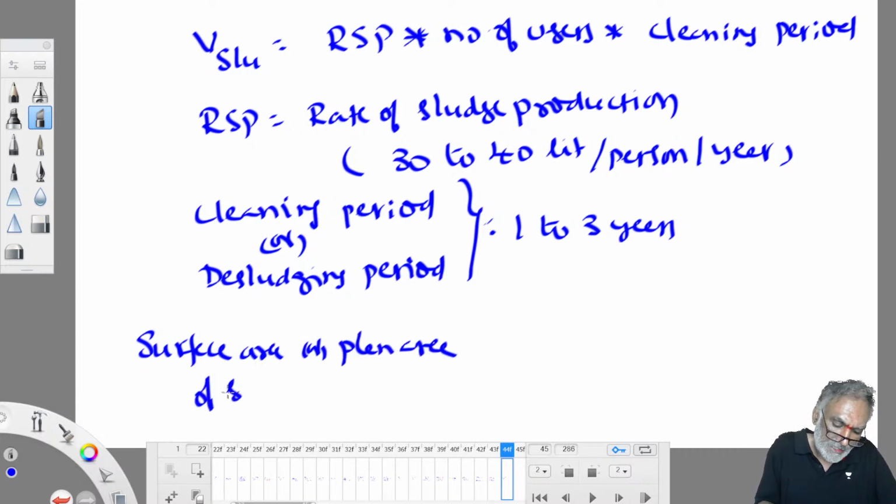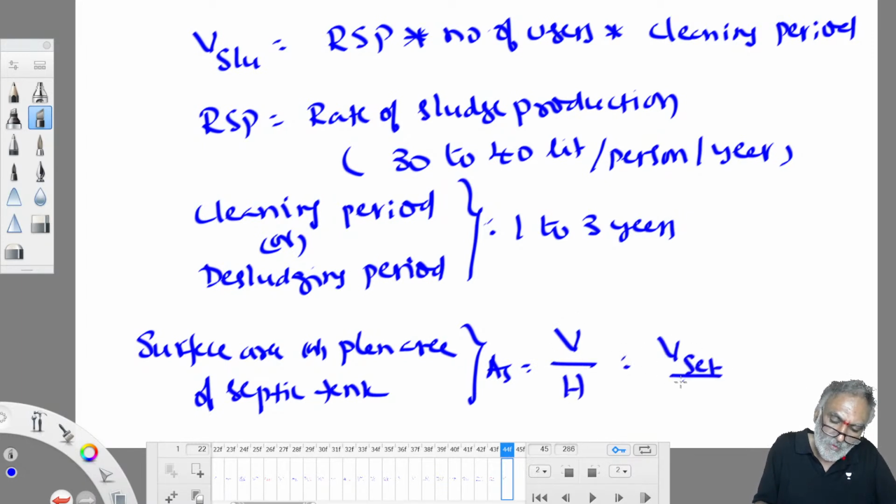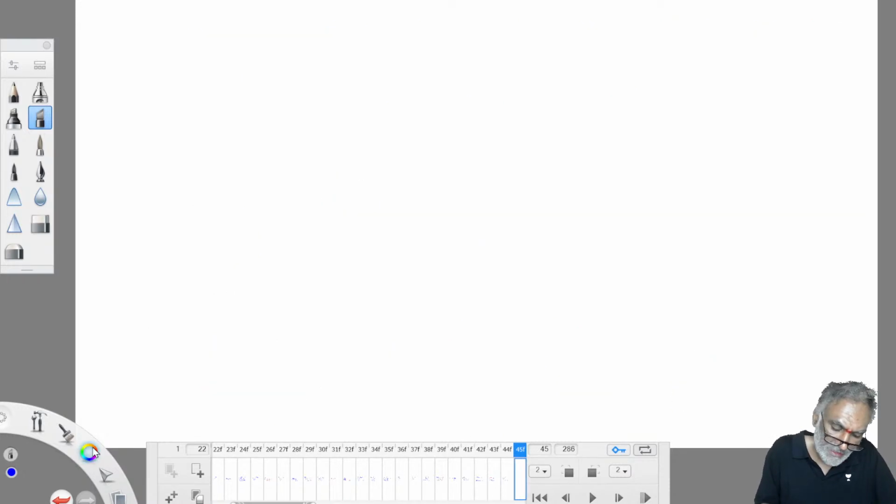Plan area of the septic tank is equal to volume of septic tank by depth of septic tank, or you can find out volume of settling zone by depth of settling zone or liquid depth.